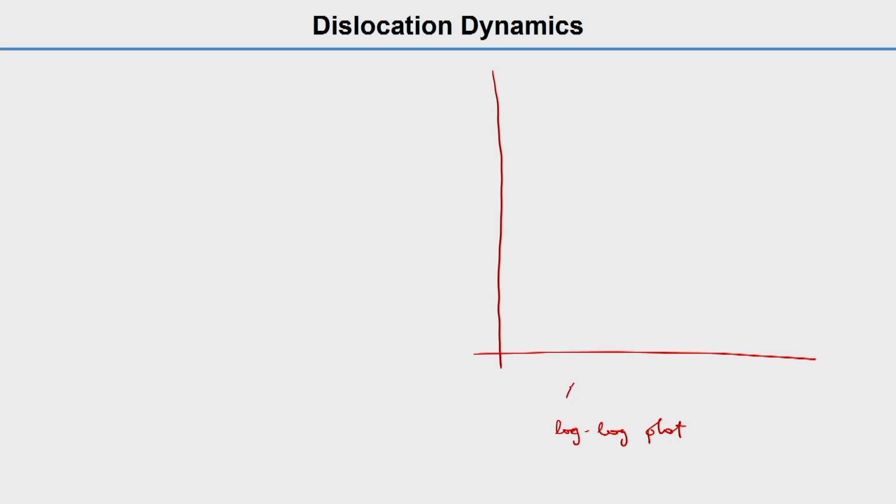That plot is nothing but a log plot of resolved shear stress. I will write RSS for resolved shear stress, which is in megapascal. I discussed resolved shear stress in our materials science basics class.